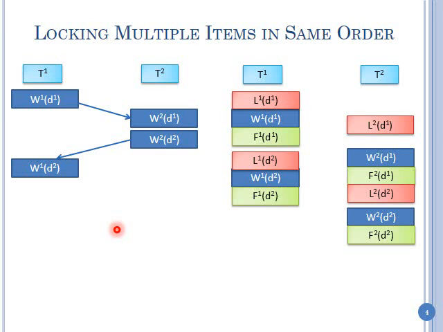Let's say user one is making a transaction that requires it to make edits to D1 and D2. So it acquires a lock on D1 and then tries to acquire a lock on D2.